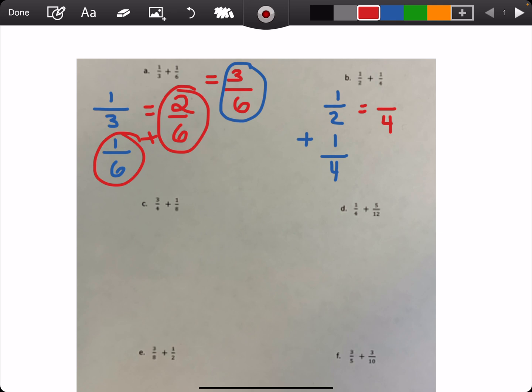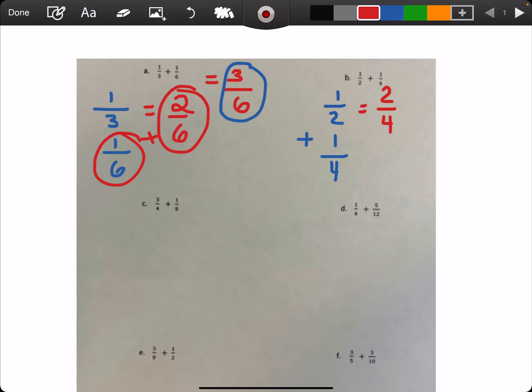So if I'm going to double my denominator, then I'm just going to double my numerator. So 2 times 2 is 4, 1 times 2 is 2. And then do I need to change anything with my 1/4 fraction? No, you don't need to change anything because 1/4 already has the common denominator of 4.